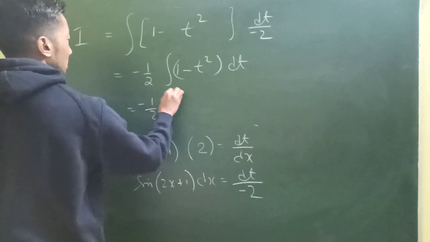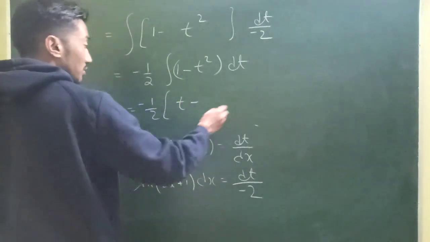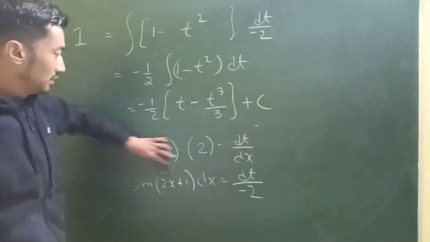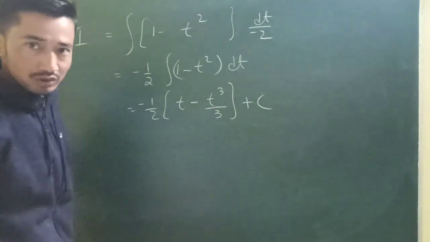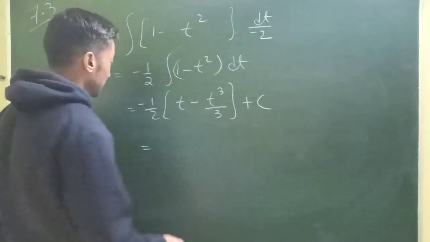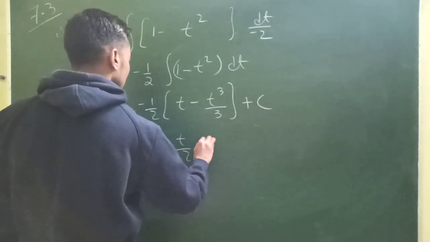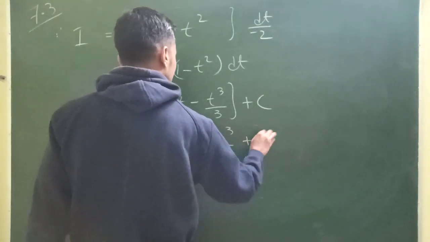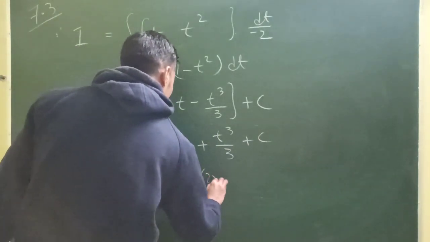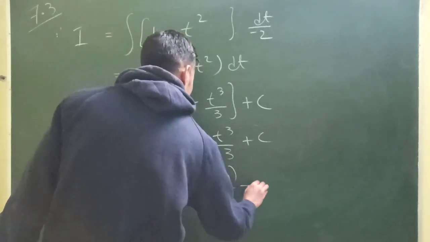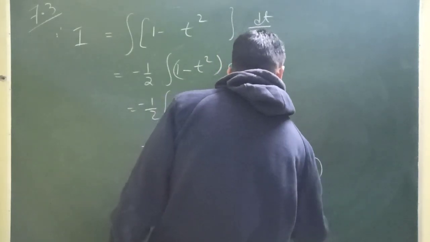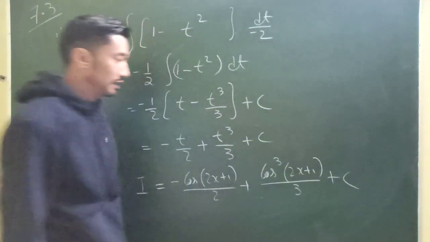Integrating that, minus 1 by 2, integration of 1 is t, integration of t square is t cubed by 3. I believe you know all this, that's why I'm not stressing much on these basic things, because this is not the first video, so you can check the other videos also. So that's minus t by 2 plus t cubed by 3 plus c. So I equals minus cos of 2x plus 1 by 2 plus cos cube of 2x plus 1 by 3 plus c.